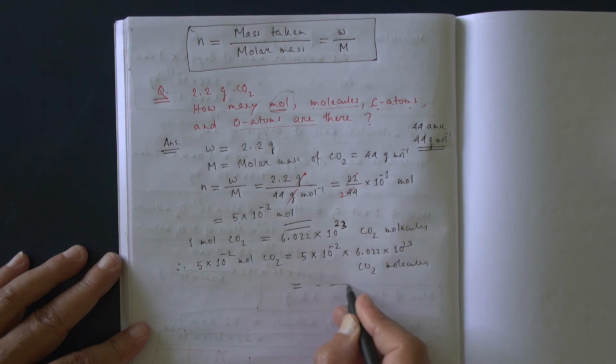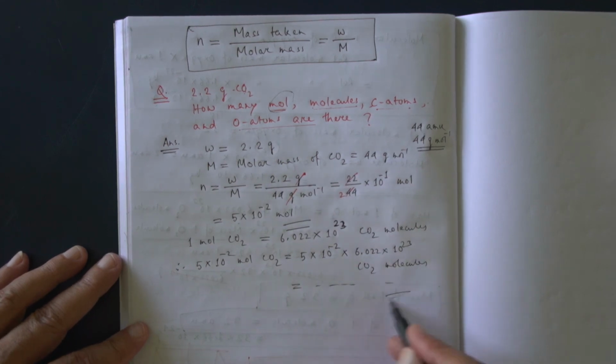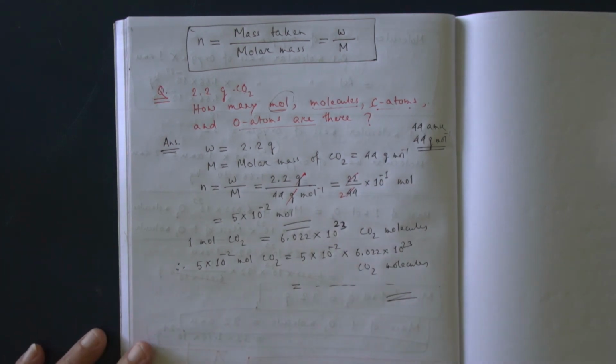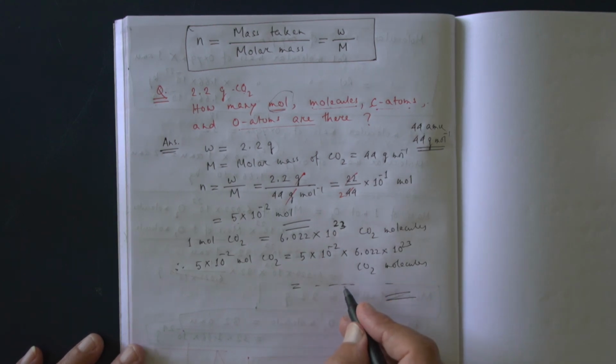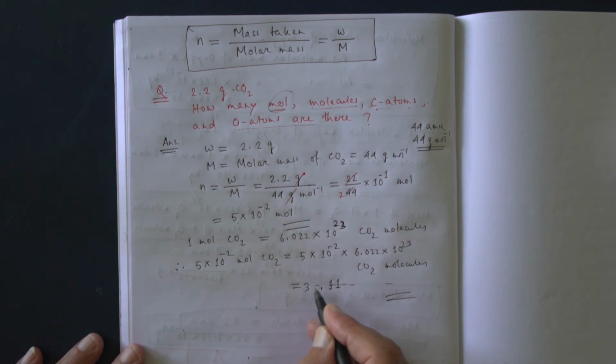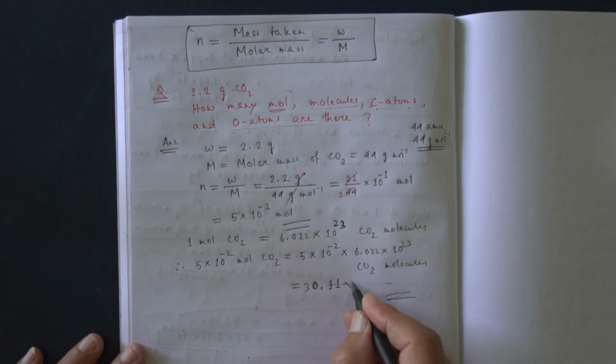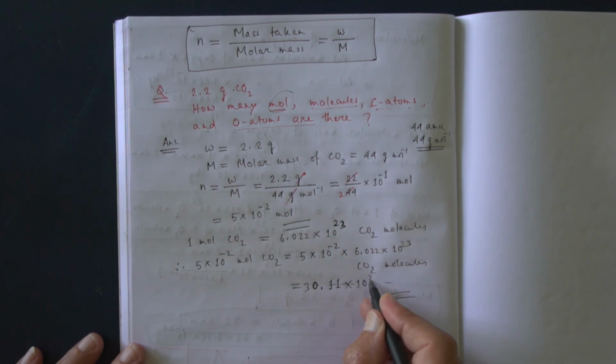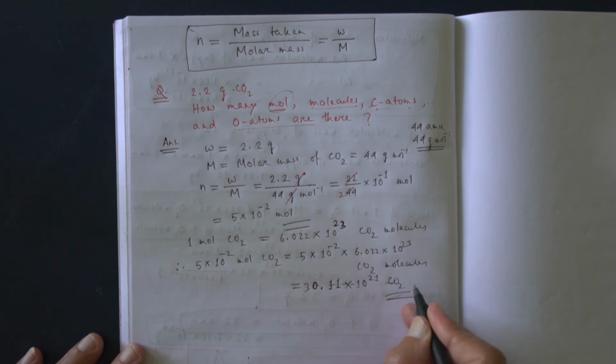And if we simplify, we get the molecules. Let me simplify: 5 times 6.022 is 30.11, into 10 to the power 21 carbon dioxide molecules.